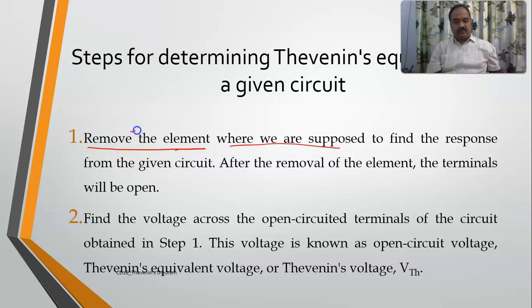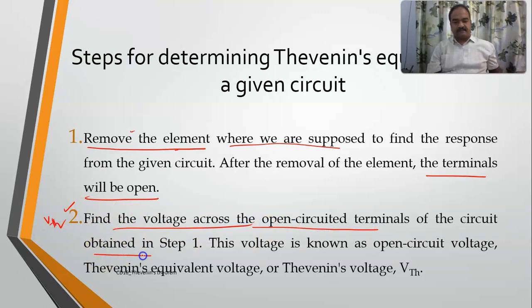Once you remove the element, the terminals will be open. The second thing is you determine VTH. So find the voltage across the open circuited terminals, because you have already open circuited it. Second step is determine the VTH or V open circuit. We call it Thevenin's voltage.